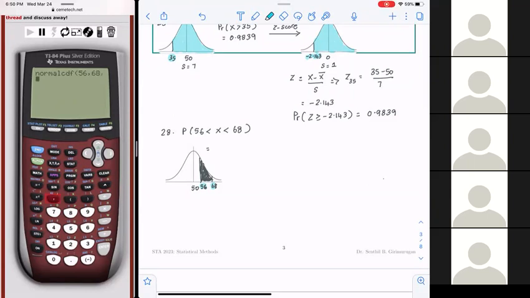The mean is 50. The standard deviation is 7. And even before I hit enter, I know that the answer is going to be under 50%. Let's see if that is true. It certainly is. So when you're doing multiple choice, this is one way to do process of elimination. So the answer is 0.1906 or 19.06%.